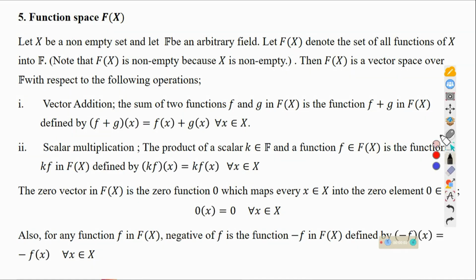Let us now talk about the function space F of X. Suppose X is our non-empty set and F is our field.